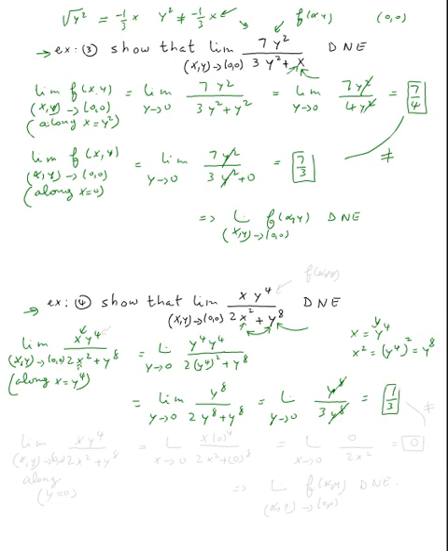So I got a number other than 0. Now for the next one, you could just use y equals 0. It'd be easy. So the limit of xy^4 over 2x squared plus y^8 as xy approaches 0, 0. Now I'm going to choose the path along y equals 0 or x equals 0. Both of them will work.